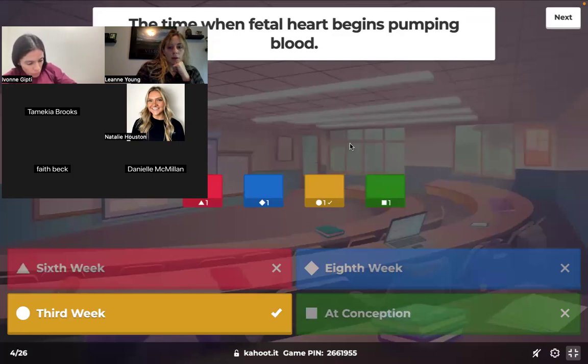So your third week is when your fetal heart begins pumping blood, which is kind of shocking how early it is. But yes, your third week is when the heart begins pumping blood in the fetus.